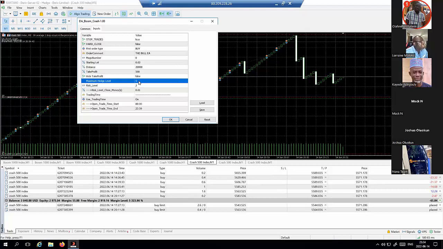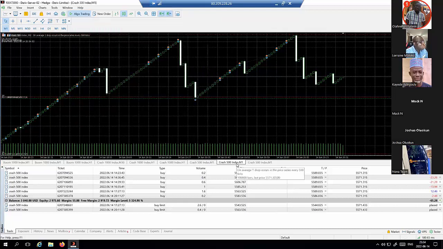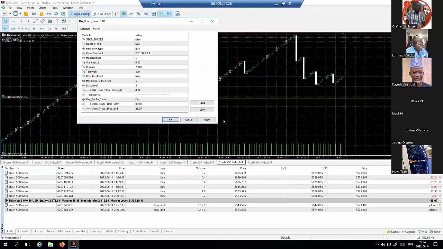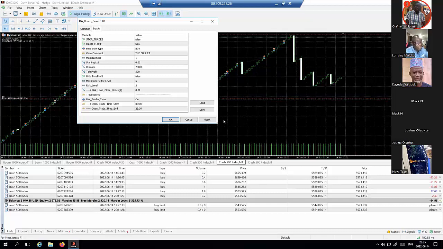Yes. That means if this software uses all the 5 maximum levels, it has been exhausted. Then I need to come to the Magic 1 chart and trigger it to start running to support the Magic 0 that has exhausted its maximum edging level.